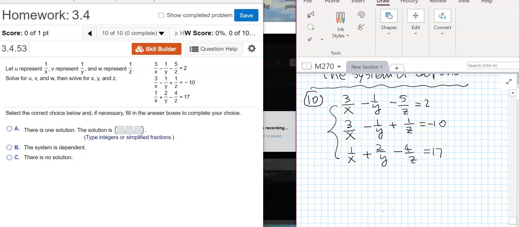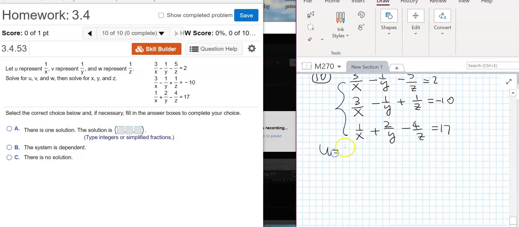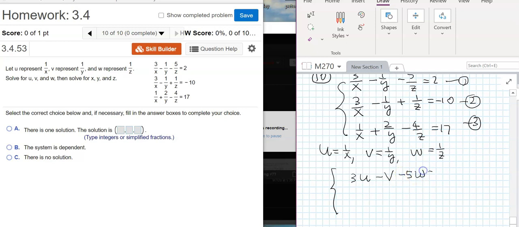They tell us u represents 1 over x, v is 1 over y, and w is 1 over z. Then if I call these 1, 2 and 3, the first equation is 3u minus v minus 5w equals 2. The second equation is 3u minus v plus w equals negative 10.